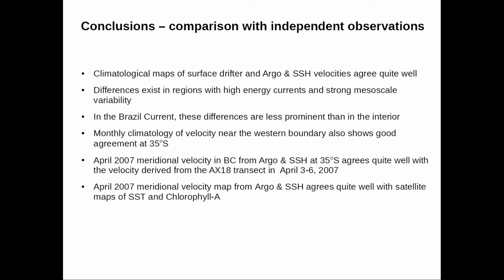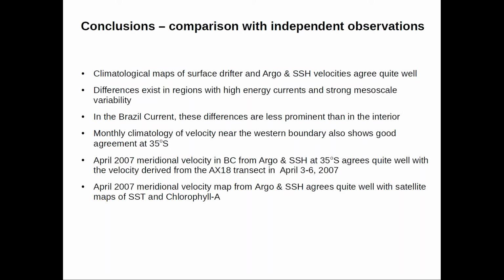We do have differences in regions with very high energy currents and strong mesoscale variability, which is captured better by the drifters and often has a large geostrophic component, so that Argo and SSH geostrophic velocity can't capture. And it's not the Ekman velocity that's missing because I added that in the comparisons.